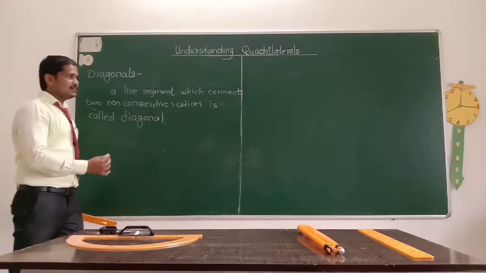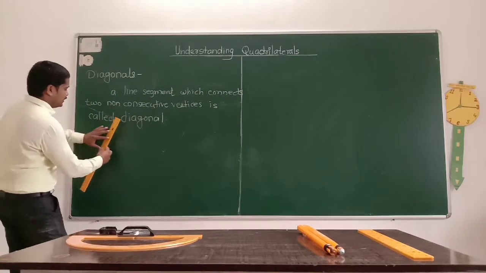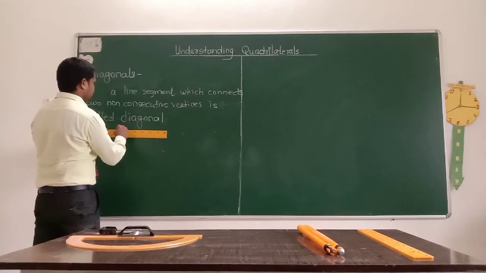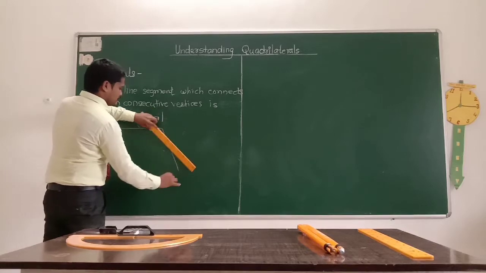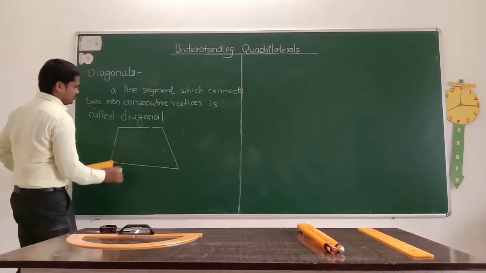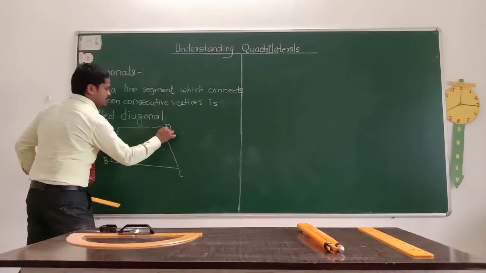Now see, in a triangle there are 3 vertices, so they cannot be consecutive or non-consecutive. So let us see the diagonals of a quadrilateral. A quadrilateral has 4 vertices, so they can be non-consecutive to each other. Let us say this is quadrilateral ABCD.